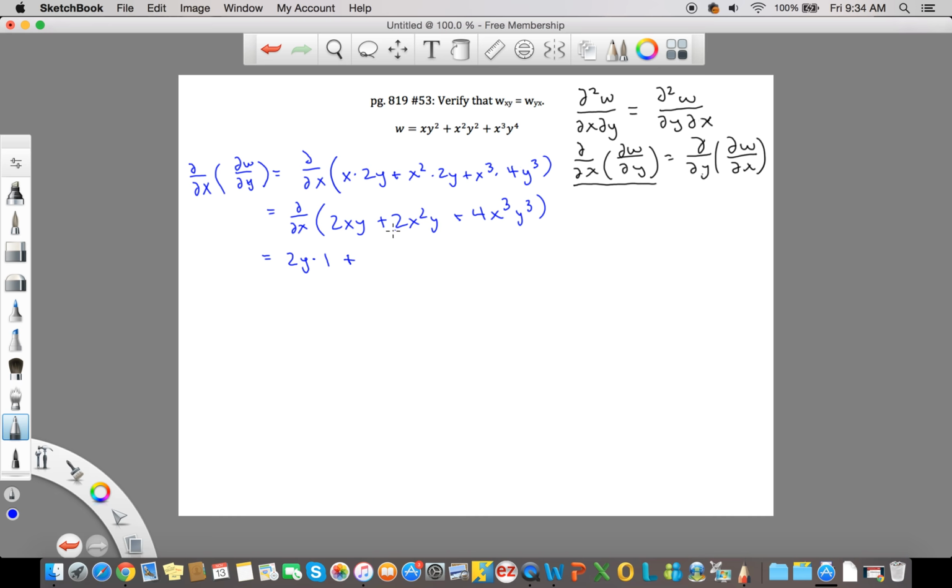In the second part, 2 and y are considered our constants, and then the derivative of x squared with respect to x is going to be 2x. And finally with this term, 4 and y cubed are going to be considered our constants.